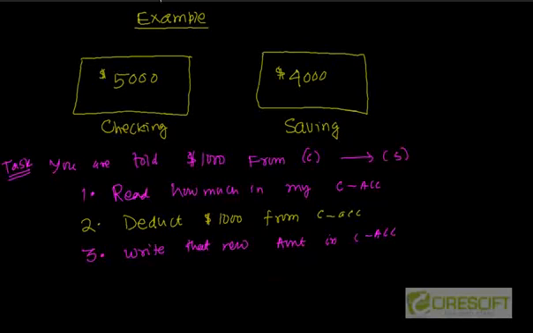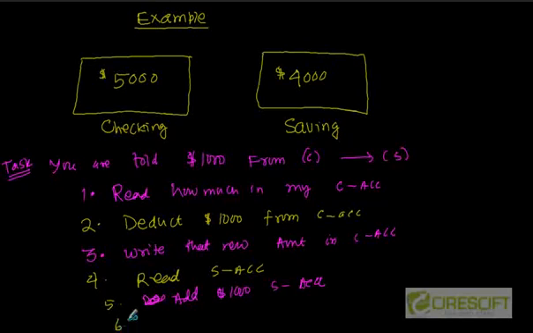Then step 4 is to read the saving account, then add $1000 to the saving account, and then the last step is to write the new amount in the saving account.